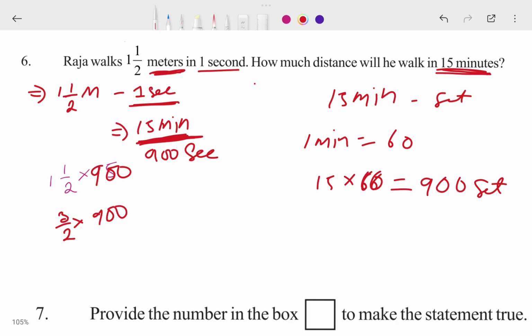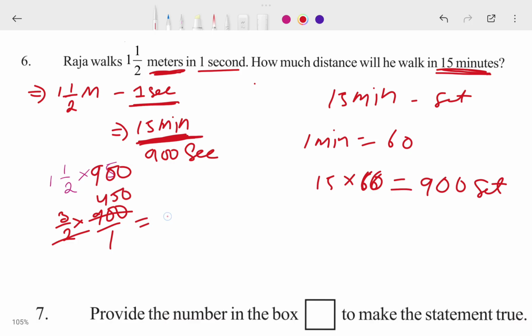Now what we have to do right now, so when you divide this one, so here it is always 1, so crisscross is not possible, but here it is possible. Okay, now when you divide 2 into 900, it is going to be 450. Okay, and now the answer will be looking like that.